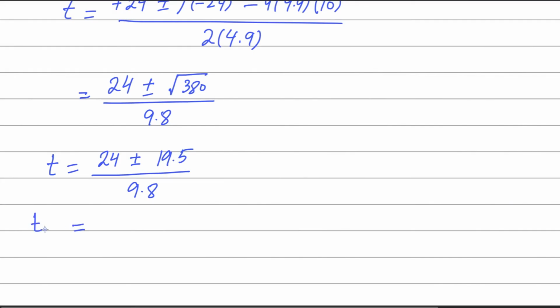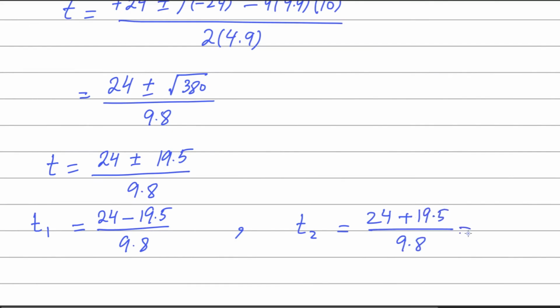So we'll get two answers for time taken. One, let's say T1, will be 24 minus 19.5 divided by 9.8, and the other time will be 24 plus 19.5 divided by 9.8. The answer of the first is 0.459, and the second time is 4.44.